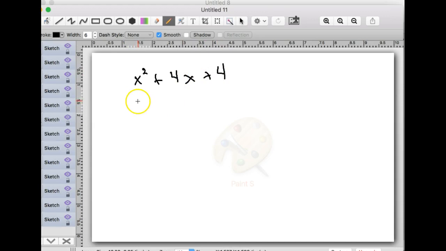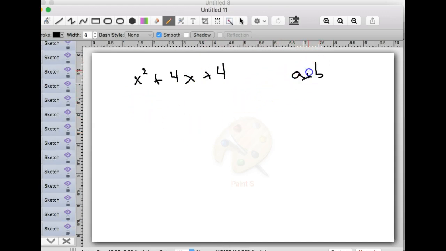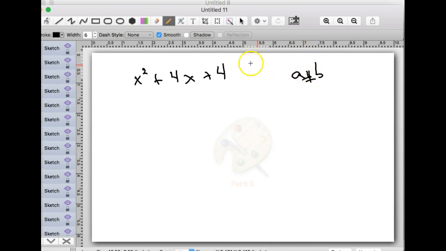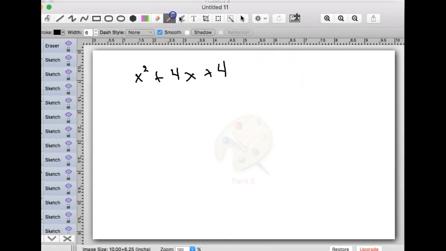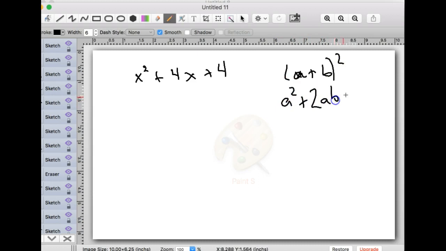If you remember, a plus b squared is a squared plus 2ab plus b squared.